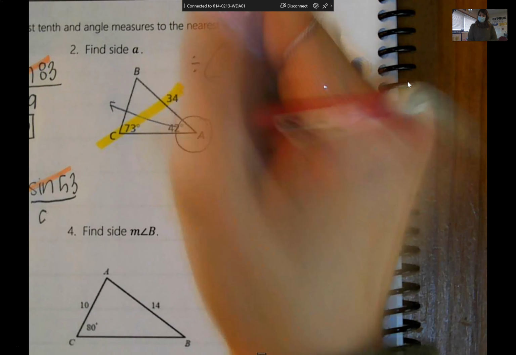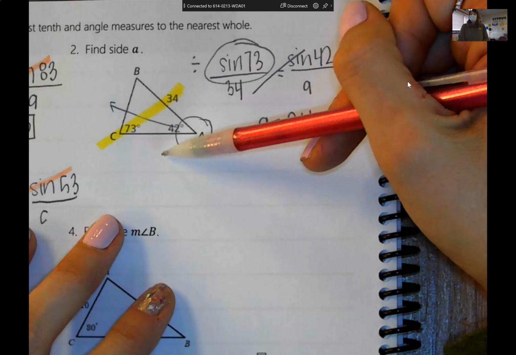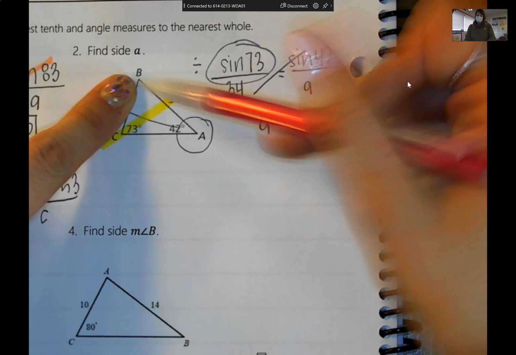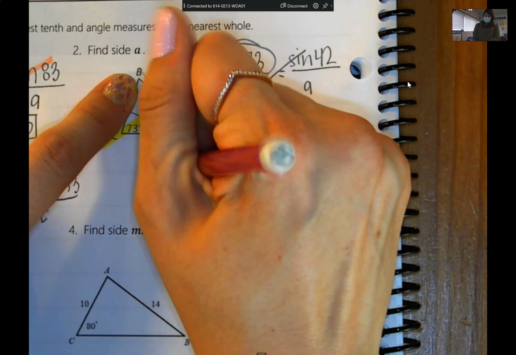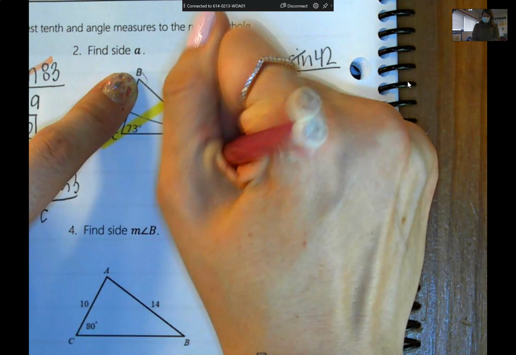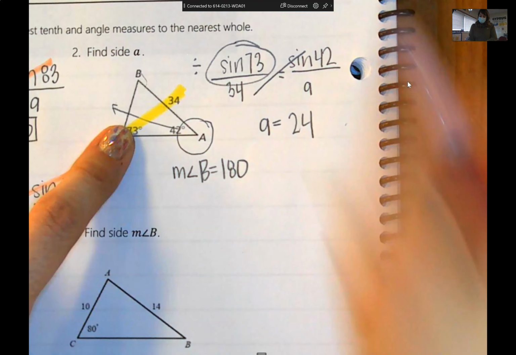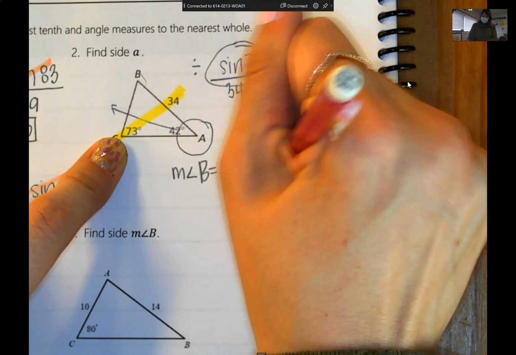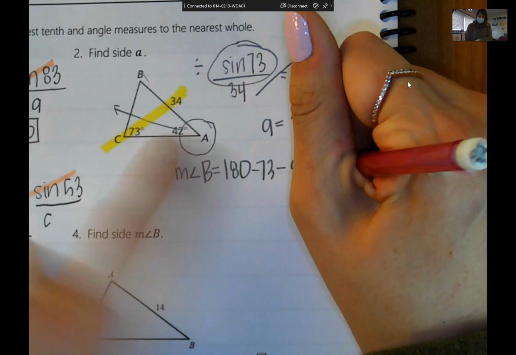Next up, or the last thing, we have to find side B. But in order to find side B, we have to know angle B. Well, that's okay because we'll just do that quick formula. 180 minus 73 minus 42. 65.